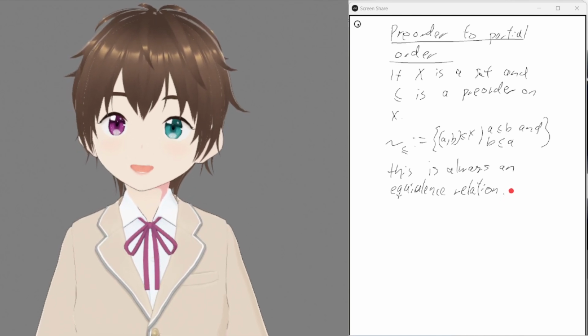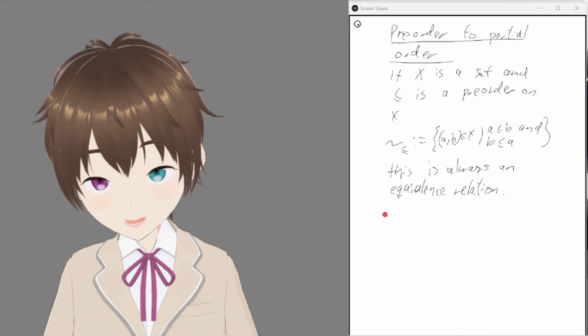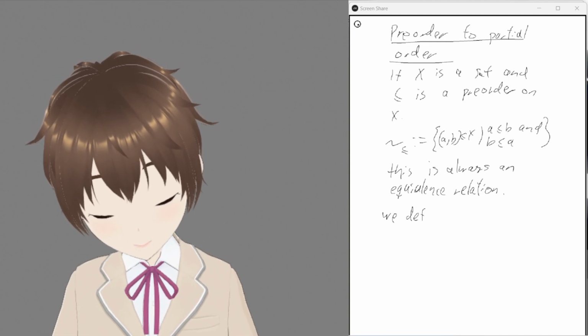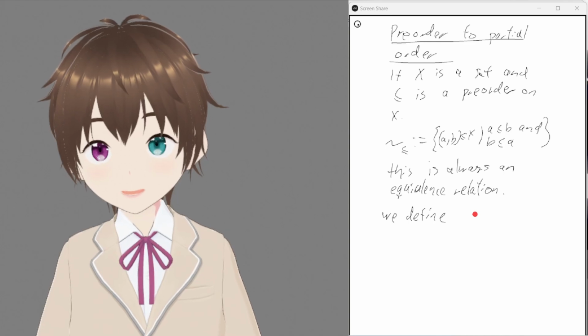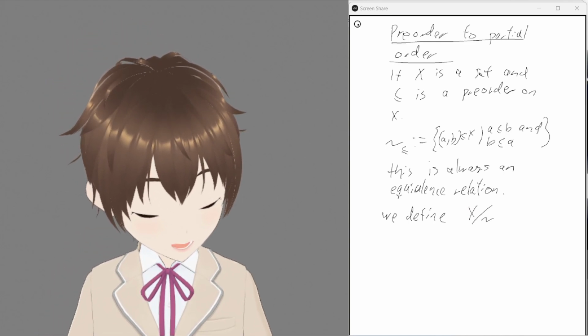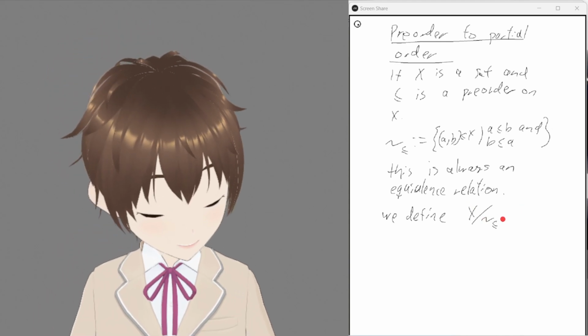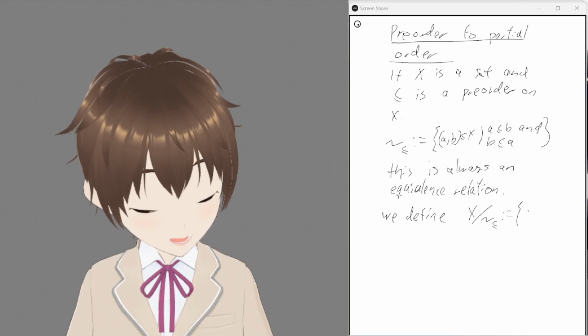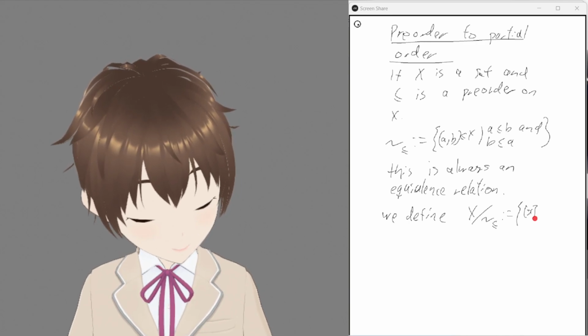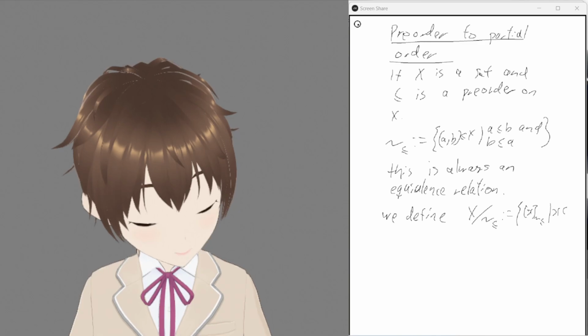This partial order will be defined on the quotient set. We define the quotient of a set by an equivalence relation, which I write like this. So here's my equivalence relation, and here's my set, which I'm quotienting by. This is the set of equivalence classes. This is the partition we get from the equivalence relation.